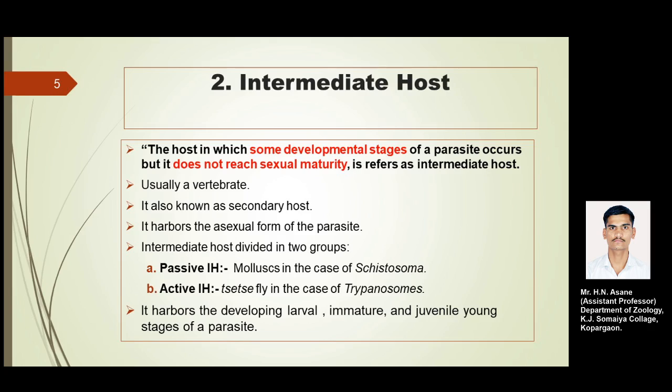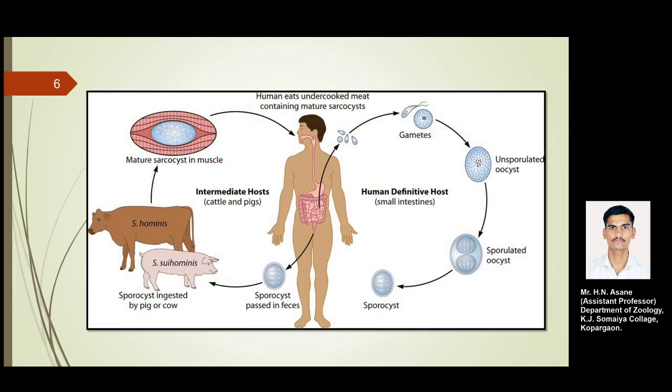These are some types of intermediate host, for example the sarcocysts in the pig or the cattle. Here the human is the definitive host and the cattle or pig is the intermediate host. In the stool, the sporocysts are passed by the human as the definitive host.